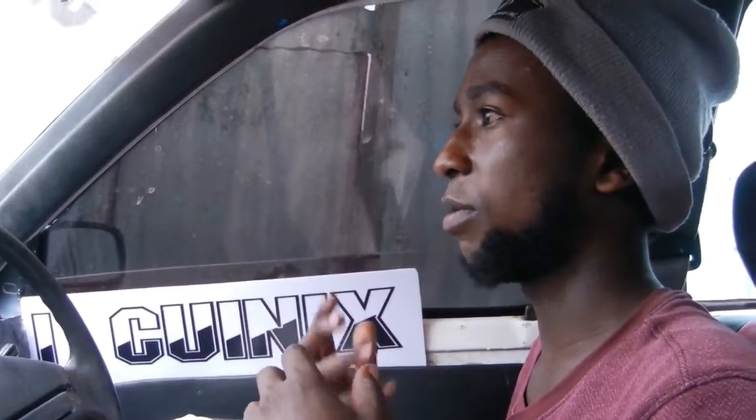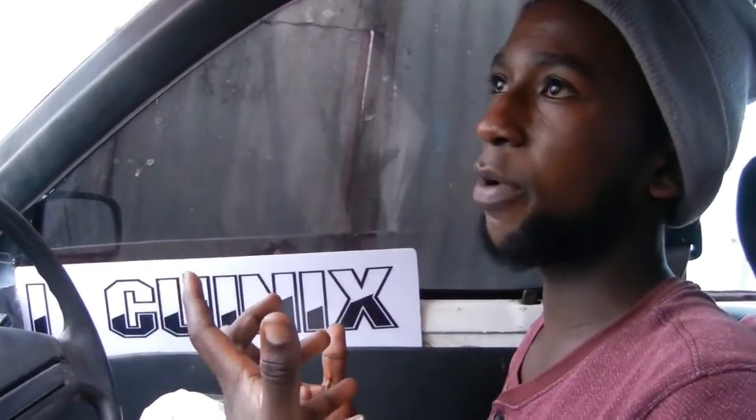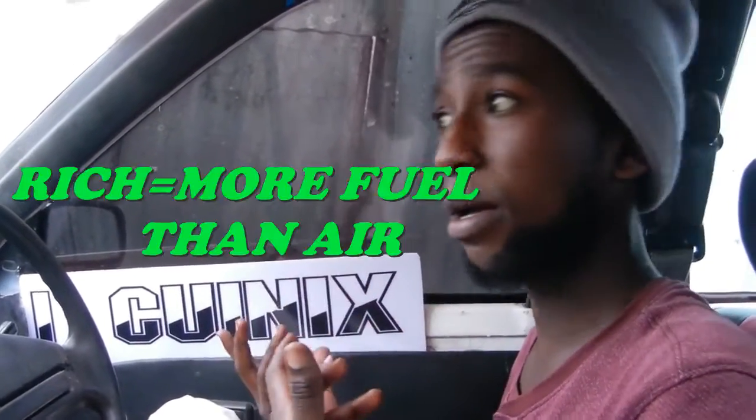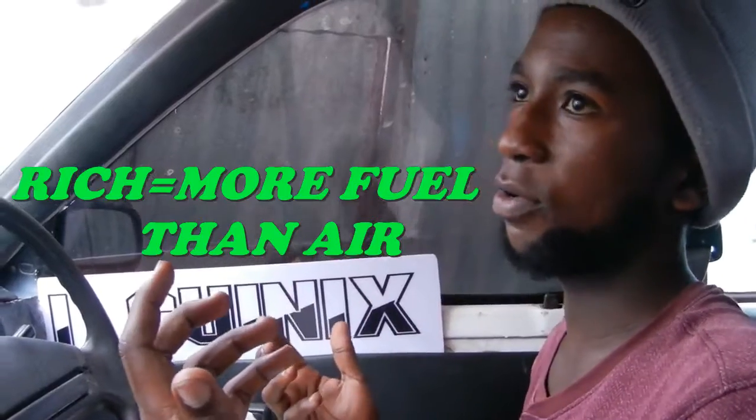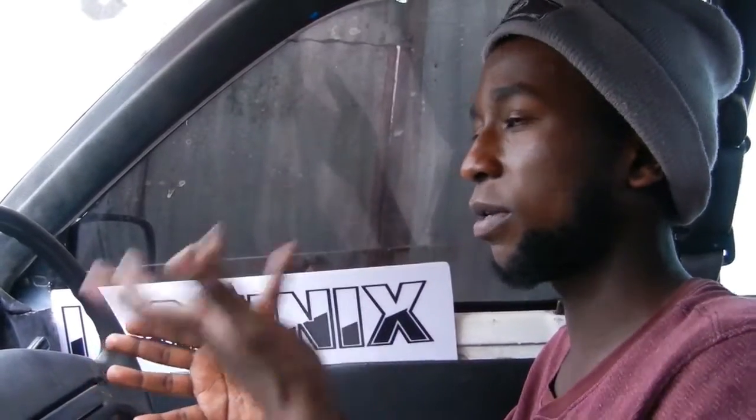It damages some components in the chamber, so running lean is not really nice. Running rich is where you have more fuel than air, more than the 14.7, basically more fuel in the combustion chamber than air.